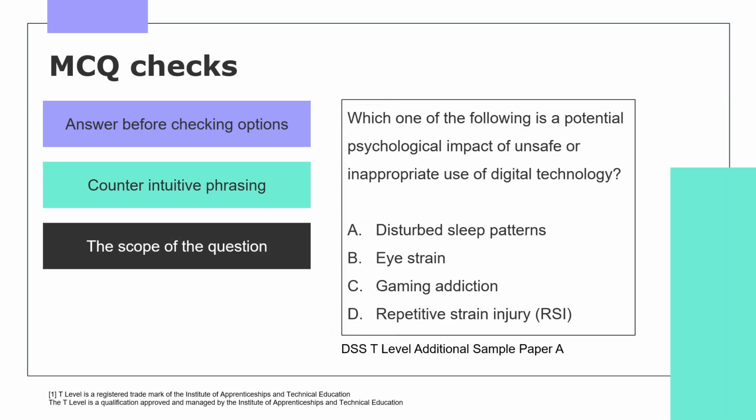And then we have the scope of the question, and whether there is a more narrowed focus, such as this question asking about the impacts of unsafe use of digital technology, but focused on psychological impacts. So while all the options are impacts, only one meets that narrowed scope of the question.